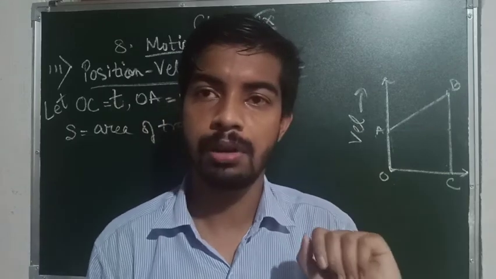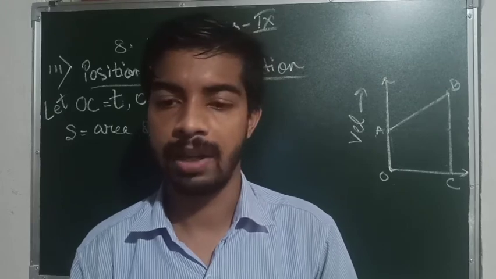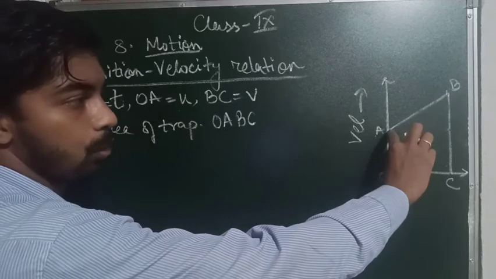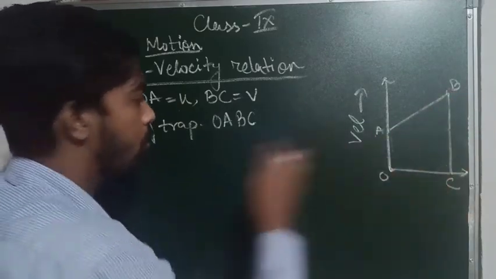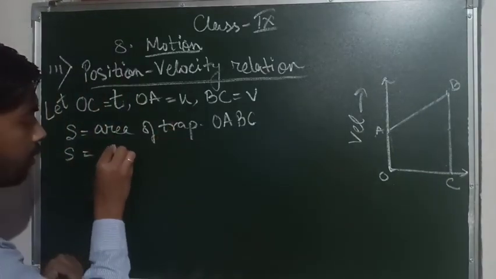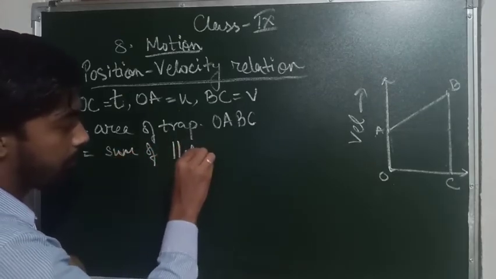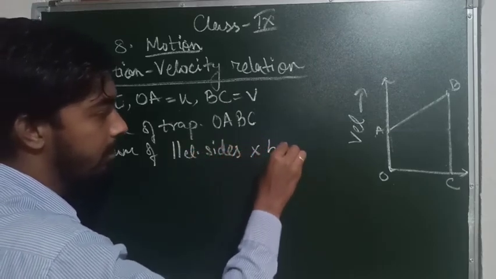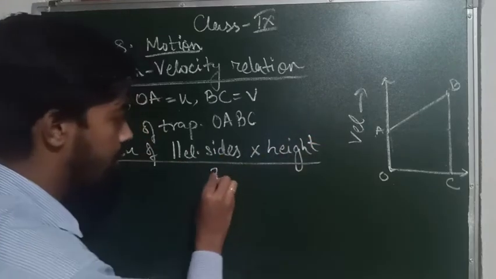So the formula for area of trapezium was sum of parallel sides into height divided by 2. So here the parallel sides are this one and this one, which are parallel. So OA plus BC, and the height will be OC. So S equal to area of trapezium, which is sum of parallel sides into height divided by 2.